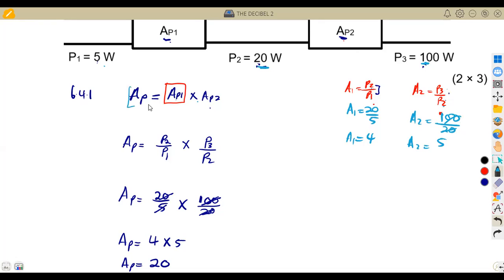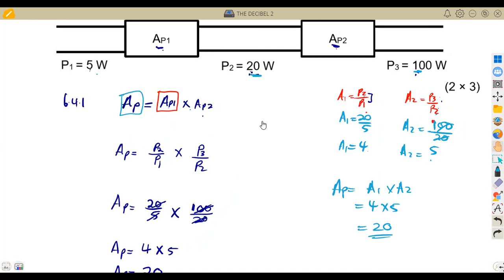But we are saying the overall gain is going to be the product of these two, which is A1 times A2. You have your A1, which is 4, and your A2, which is 5. So that is going to give us a 20, which is the same thing. All right, so you could have calculated separately like this, then find your answer, or you can just combine the power directly as it is, like that part that we considered here.